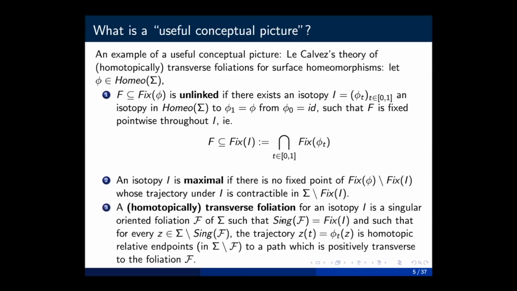And a homotopically transverse foliation for a given isotopy is a singular foliation. You have some fixed points that are fixed by the isotopy, you remove those from the surface, and then you foliate the surface by oriented lines.